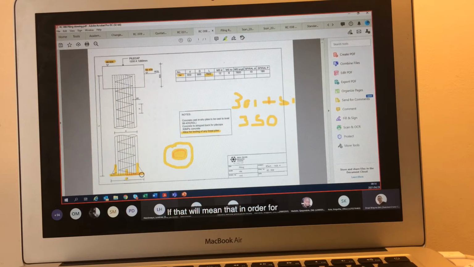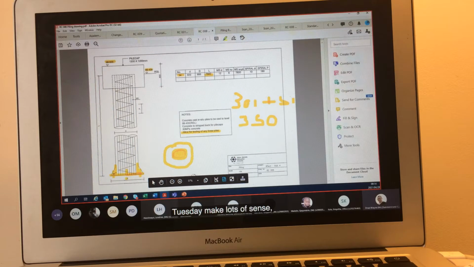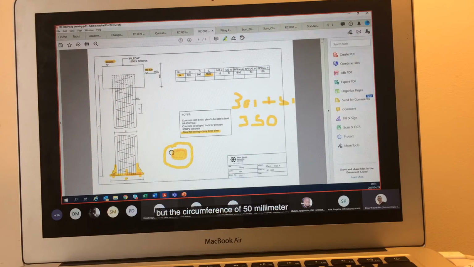And that will mean that in order for me to determine the circumference, it will be the circumference from there to there. I know it might not make lots of sense, but it'll be the circumference not of the outside, but the circumference of 50 millimeter into my ream section.